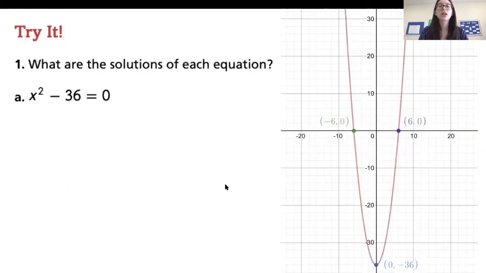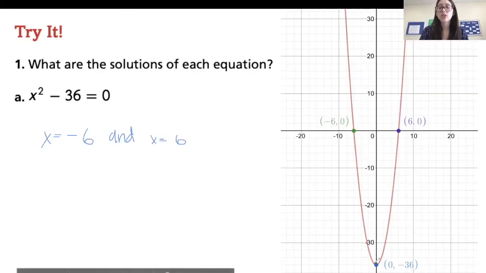Looking at this, what are the solutions of each equation? Here we remember that the solutions are going to be the x-intercepts. So we look at where our function crosses the x-axis, and it crosses at these points. Then we take the x values of those points, so that's going to be -6 and +6. This value down here doesn't matter for finding the solution to the equation because it's a y-intercept, and we don't care about the y-intercept.